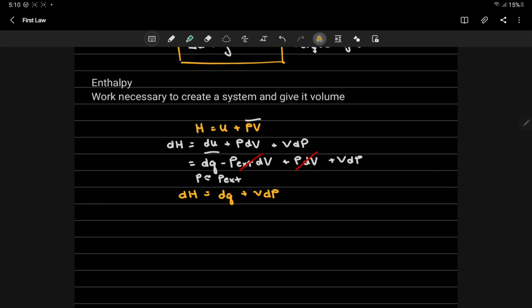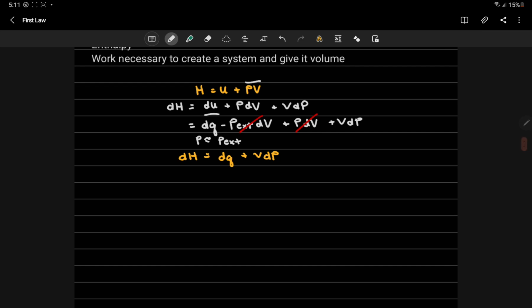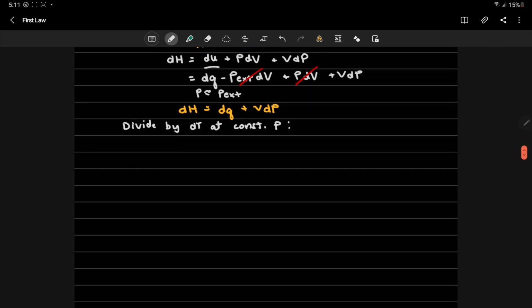Now, I'll do the same thing I did with internal energy. I will divide this equation by dT also, at constant pressure. If that happens, it becomes dH over dT at constant P. And the dQ, I will also divide by dT at constant pressure.